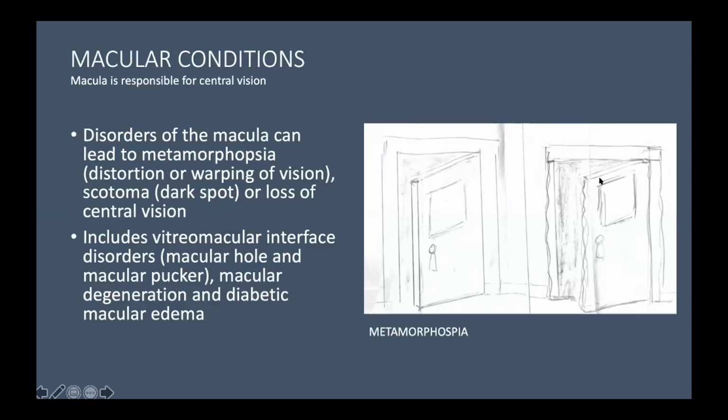So you can see the normally straight edge of the door looks warped or bent to him. So there are various macular conditions that can create metamorphopsia, including macular hole, macular pucker, macular degeneration, and macular edema, including diabetic macular edema.